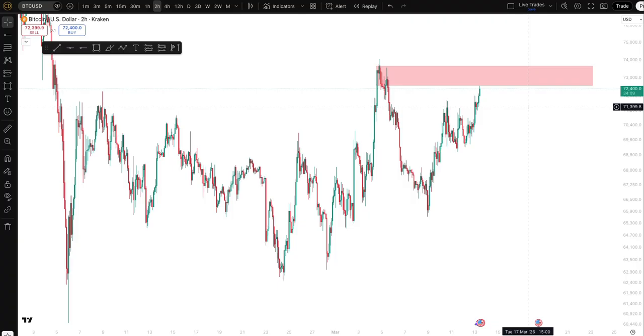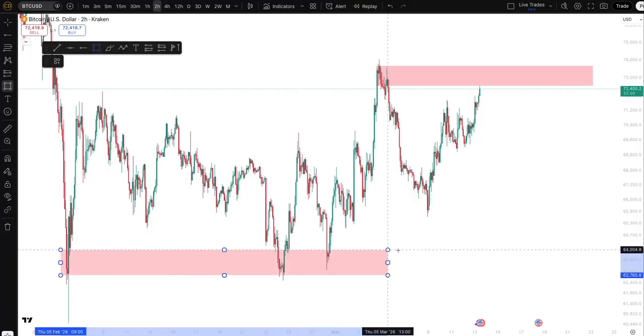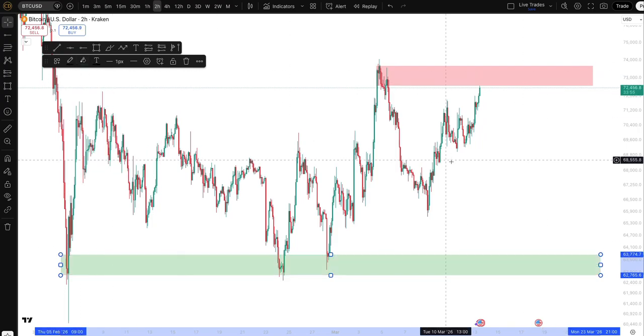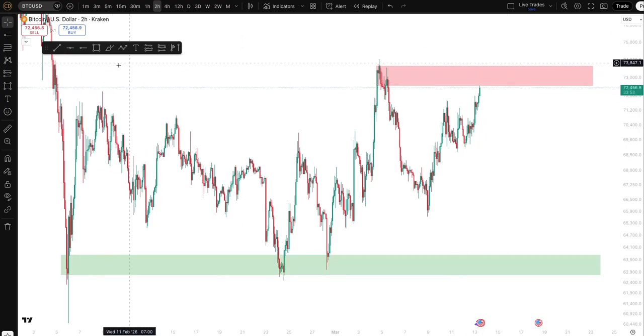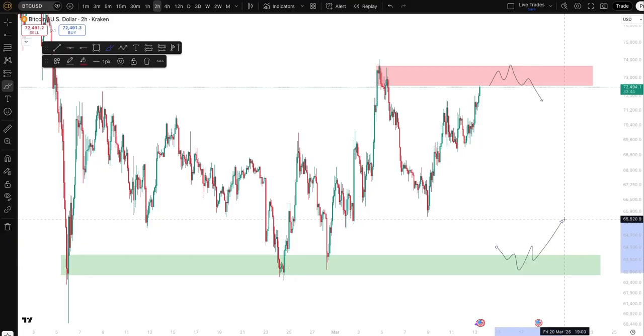We also always have a long area, and the long area is always around the lows. The lows are, of course, around this area, and I always make them green. So around the red areas I want to open a short trade, and around the green areas I want to open a long trade. This is always how I work.